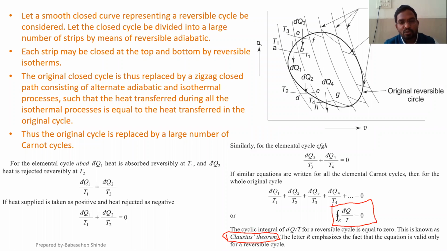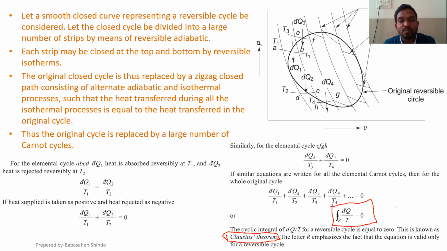Don't get confused between the Clausius statement of the second law of thermodynamics, which is something different. Clausius theorem is the cyclic integral of dq by T is equal to 0. This is also an important equation. In the university examination, there will be numericals to solve on this relation.